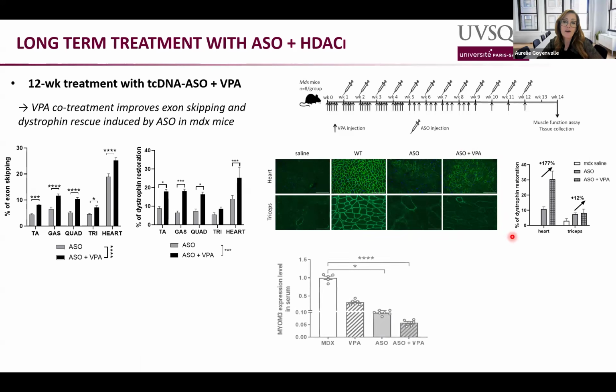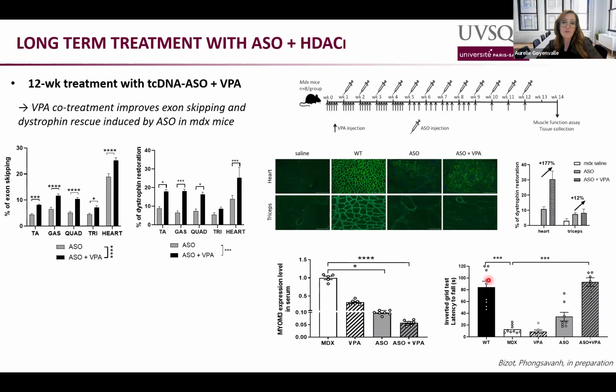And that leads to higher functional improvements, which is shown here. If we look at a biomarker like myomesin-3 in the serum, which is already improved with ASO alone, with ASO and valproic acid it is even further improved. And similarly with a functional test, a motor function test with the inverted grid test, the mice treated with both compounds can hold to the grid longer.